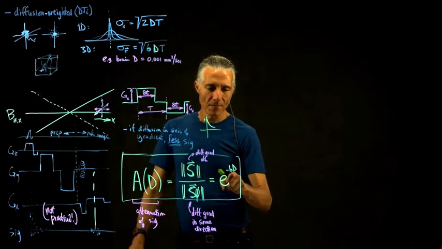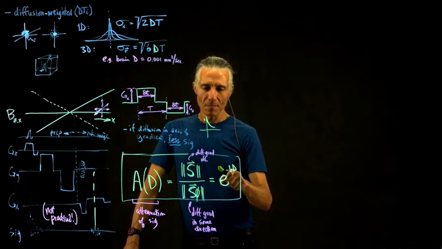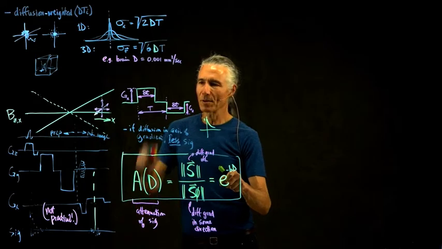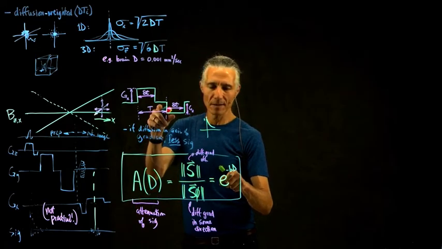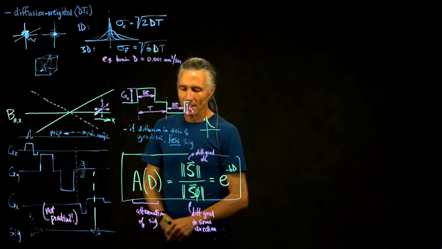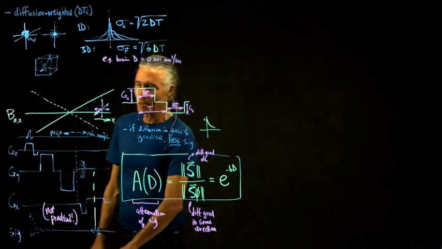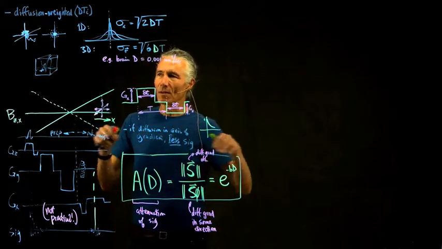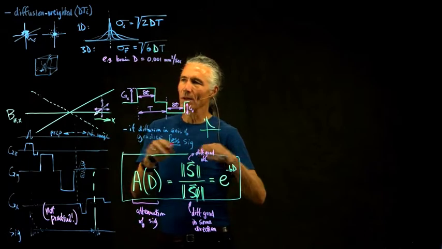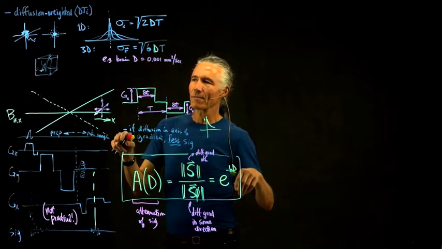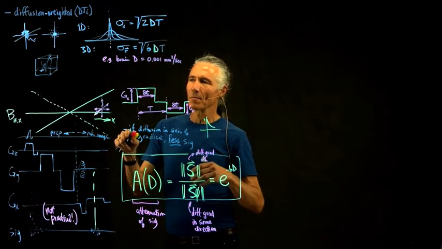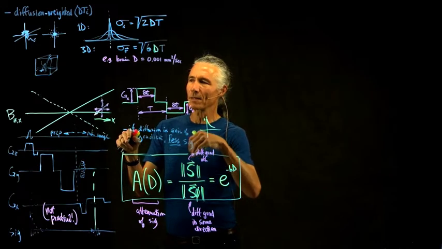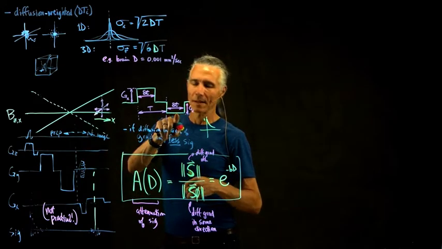So if this b is bigger, it's going to fall off. We haven't said what b is yet, but b has something to do with the gradients, how big the gradients are. And if the diffusion is faster, so if it diffuses out further, then the signal is going to fall off further, because it's going to get further away from where it was supposed to be to get fixed by the opposite gradient.